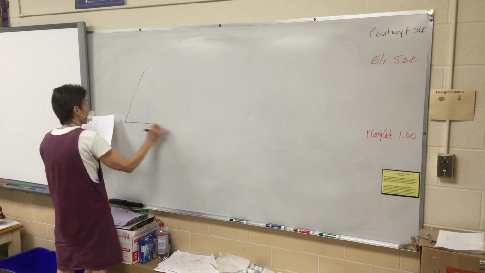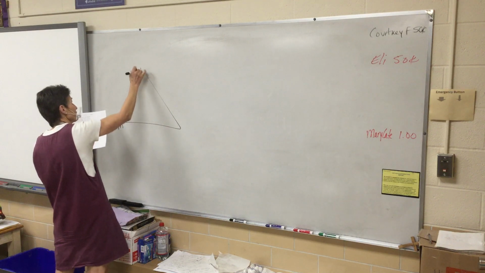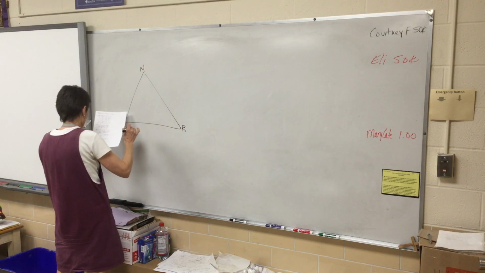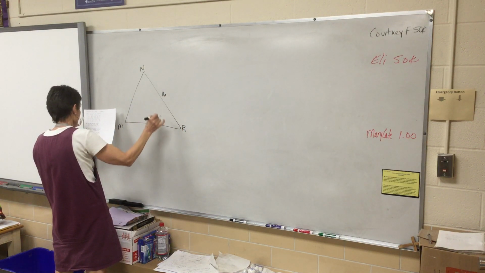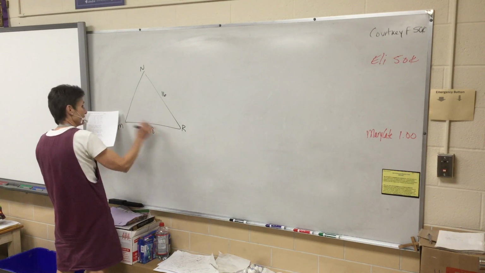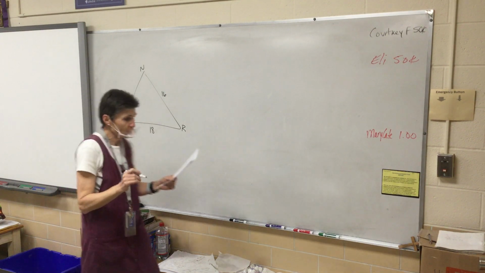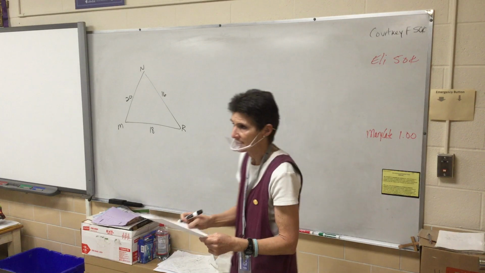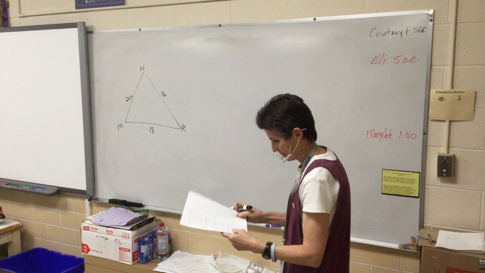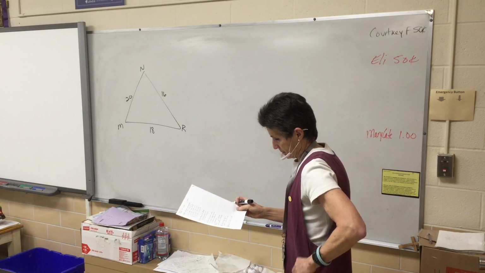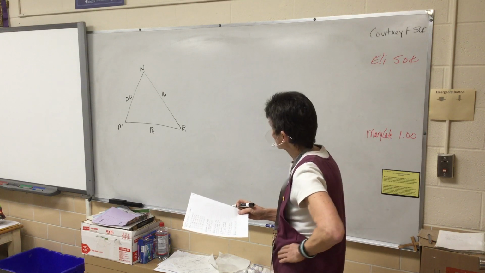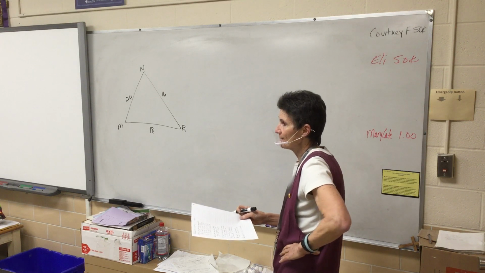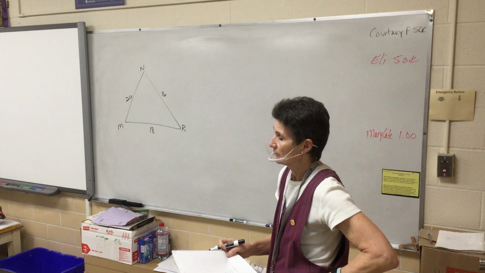So I have a triangle that's called MNR, and M is 16, N is 18, and R is 20. I'm on prequest number 2, the very back page, back side. And we're going to find the largest angle of that triangle.